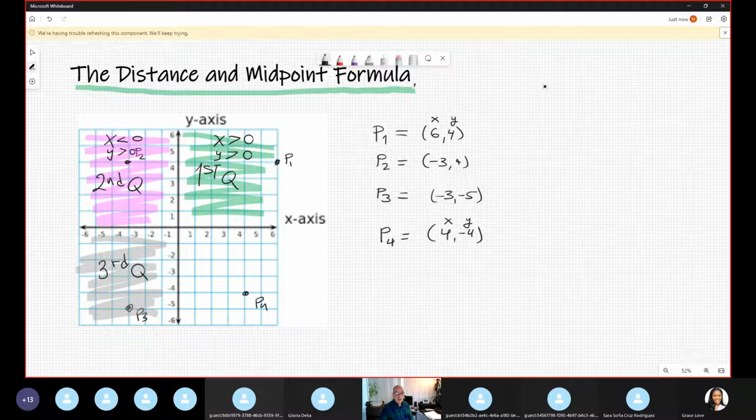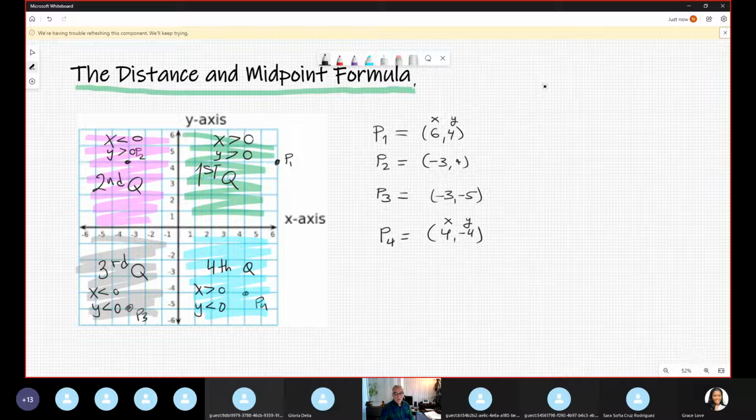When a point lies in this region, let me use blue color, it belongs to the fourth quadrant. It's when the x is positive but the y is negative. The third quadrant is when both are negative, less than 0.